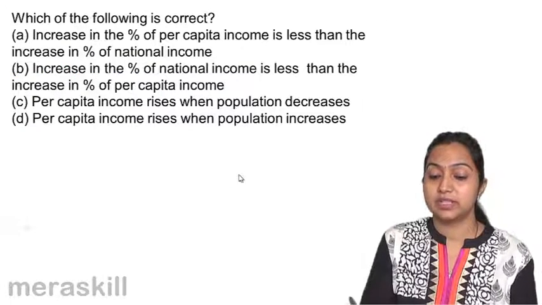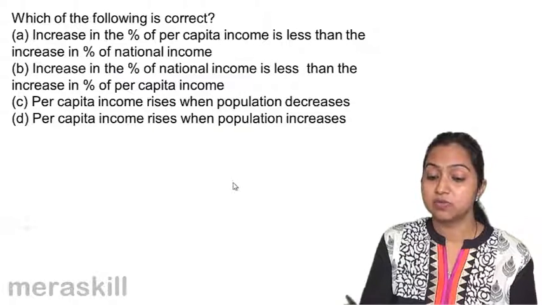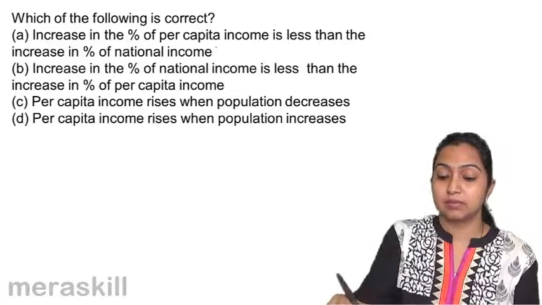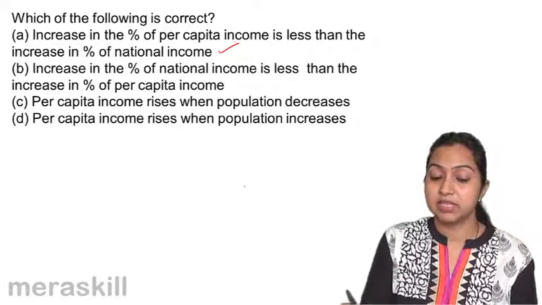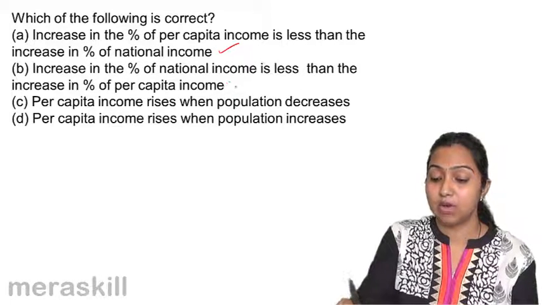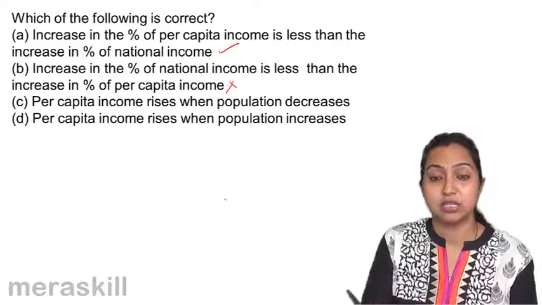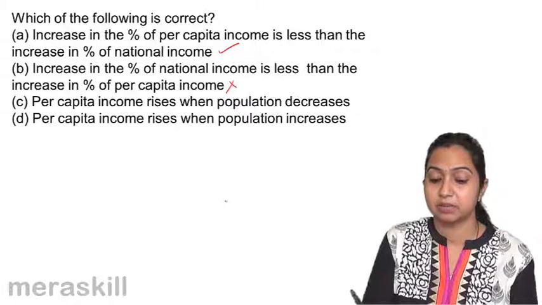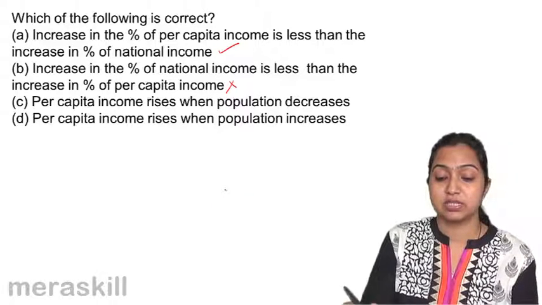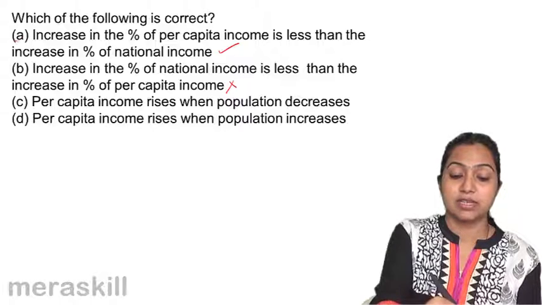Which of the following is correct? Increase in the percentage of per capita income is less than the increase in the percentage of national income. This is correct. National income has increased at a better rate in comparison to per capita income. Per capita income rises when population decreases. Out of this, the first one is correct.